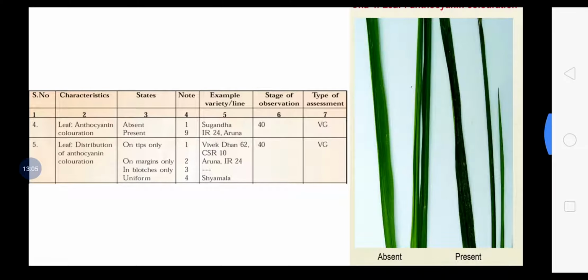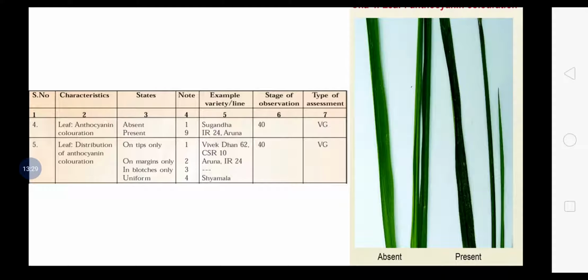The fourth characteristic is leaf anthocyanin coloration. This is scored as present or absent. Present means 1 and absent is 9. Examples are Sugandha and IR 24 and Aruna. The fifth characteristic is distribution of anthocyanin coloration on leaf.